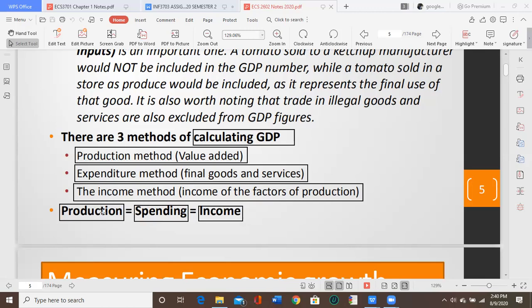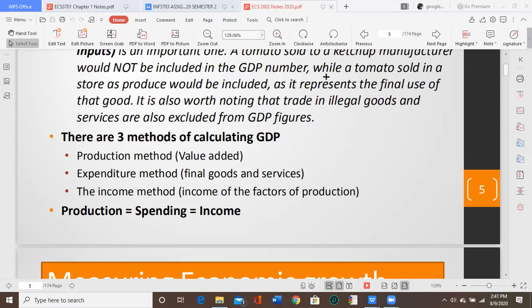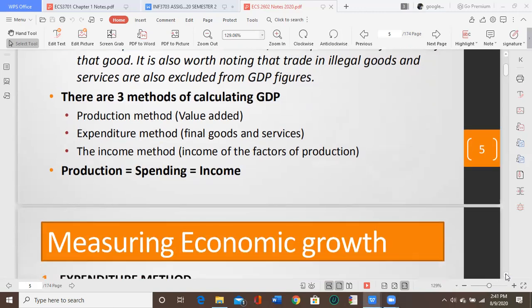So if you calculate GDP using the production method and get 50 billion, then using the expenditure approach you also get 50 billion, and using the income method you also get 50 billion. The three must give the same answer.